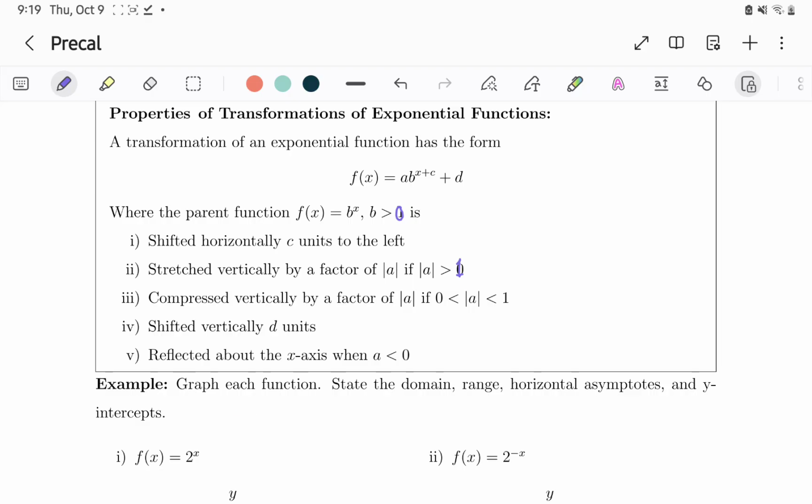So I'm just going to go ahead so that we aren't stating the domain for every single example, and say domain for each function is minus infinity to infinity.